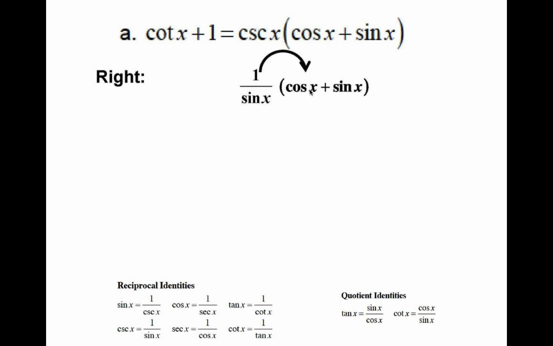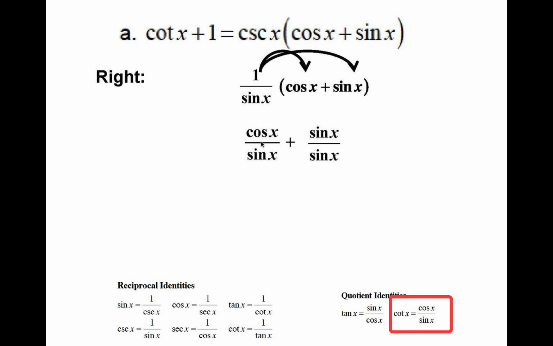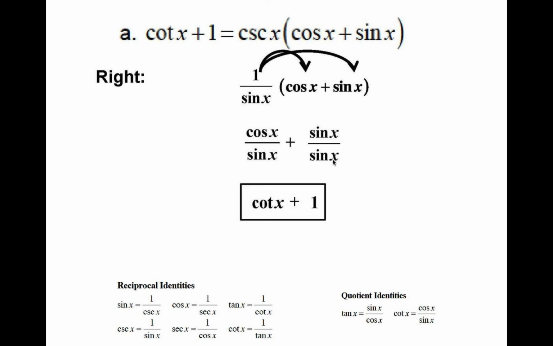So this is going to get multiplied over. So it's 1 times the cosine of x, which is cosine x, over sine x, plus distribute. 1 times the sine of x is the sine of x, over the sine of x. Now we convert. Cosine x over sine x is equivalent to cotangent x by the quotient identity. Plus sine x over sine x is 1. And notice that the left side, it checks.